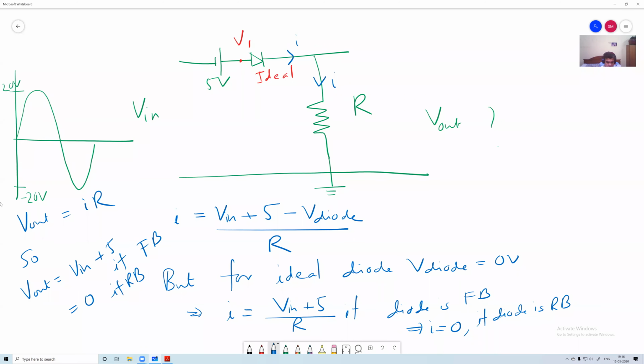Anything you'd like to say about this? So V out is V in plus 5 volt if the diode is forward biased, and V out is 0 if the diode is reverse biased. The diode is forward biased when V in, V1, is greater than or equal to 0. Fine.